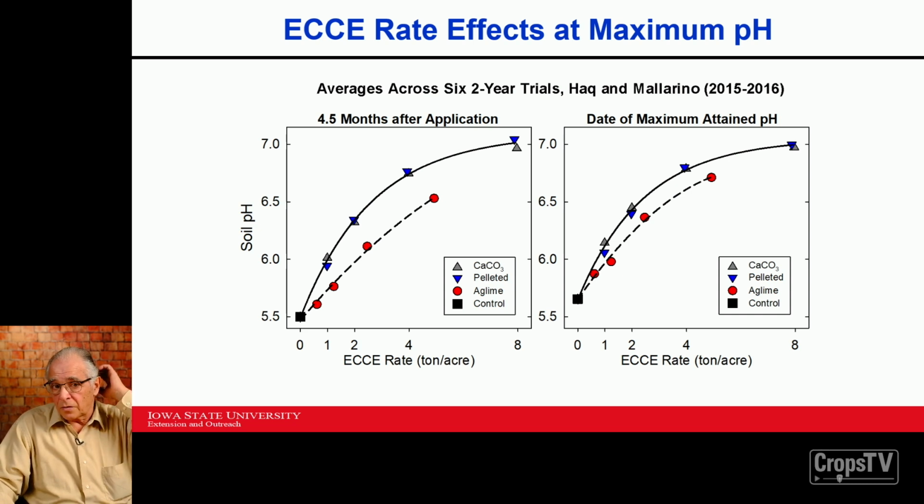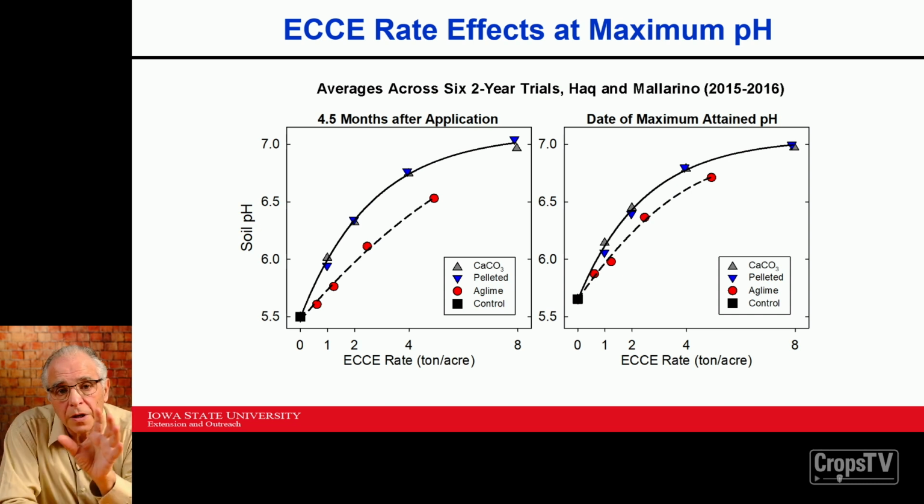So we have tons of data. What I'm showing here in these 2 graphs is the effect of the sources and rate on soil pH after the application. On the left graph, we applied this in the fall, okay? And then we sampled before planting, so about 4 or 5 months after the application.